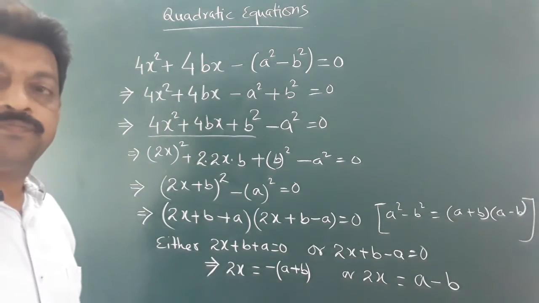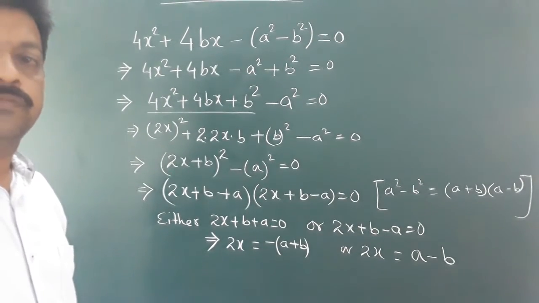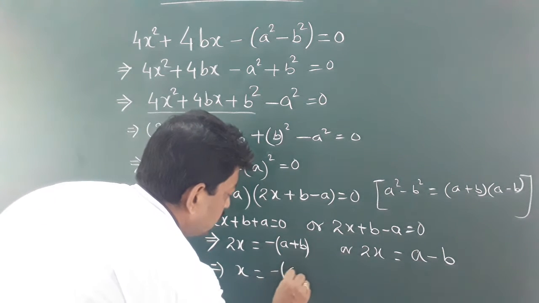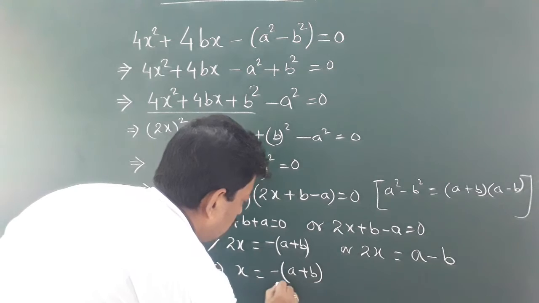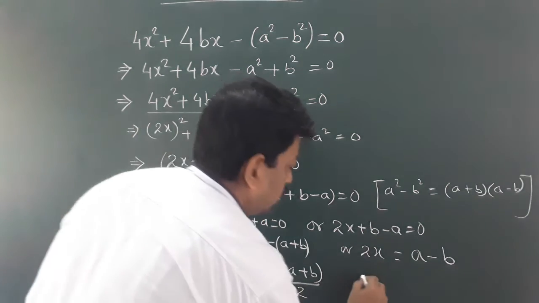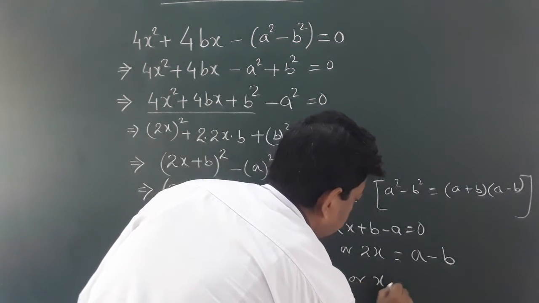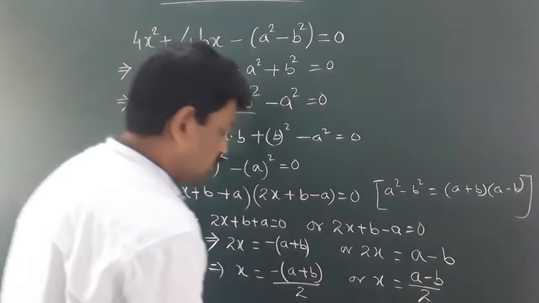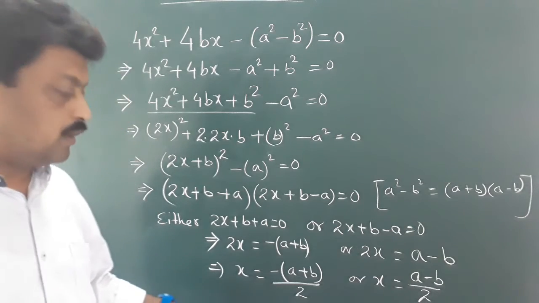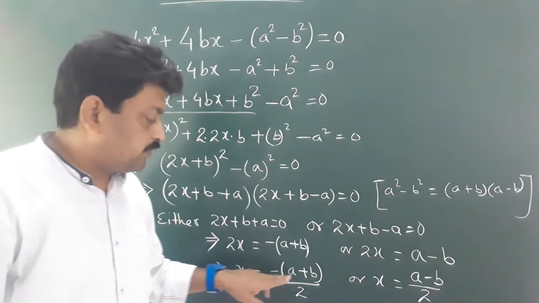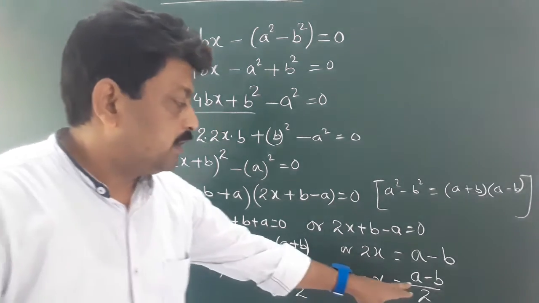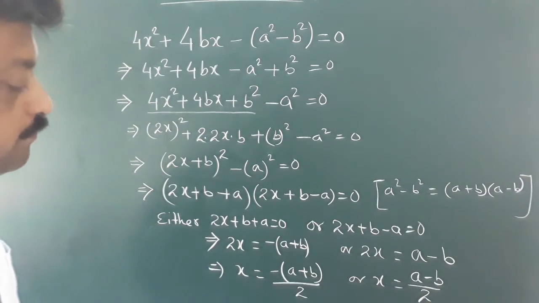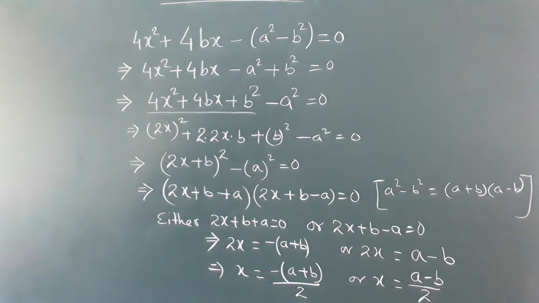Or we can write x equals to minus of a plus b upon 2, and x equals to a minus b upon 2. So these are the two roots of the given quadratic equation: minus of a plus b upon 2 and a minus b upon 2. Understood? Okay, quickly go through the process or solution.